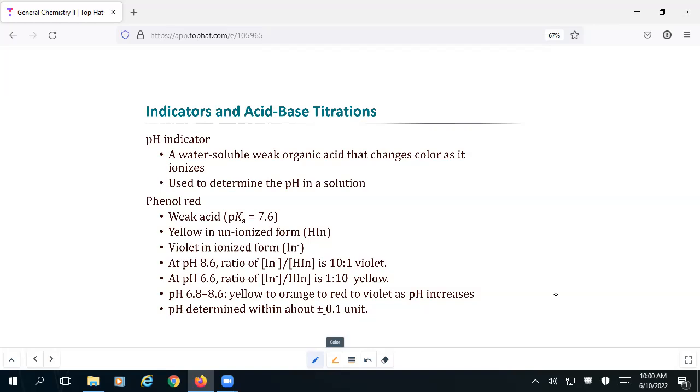In between the two, you will see transitions from yellow to orange, orange to red, and then finally red to violet. And that's why it gets its name phenol red, because at most normal kind of neutralish pHs, it's going to appear in the orange to red kind of region.